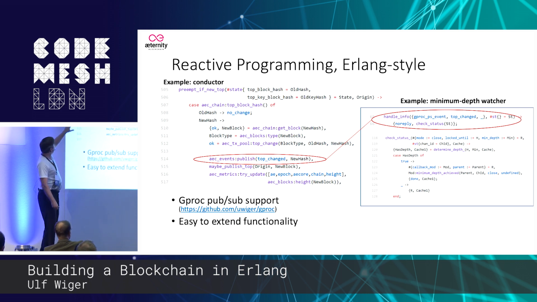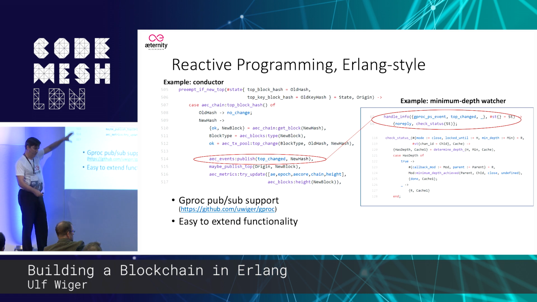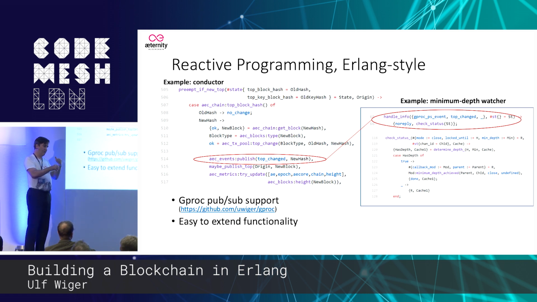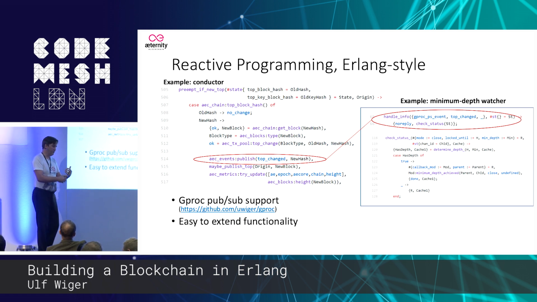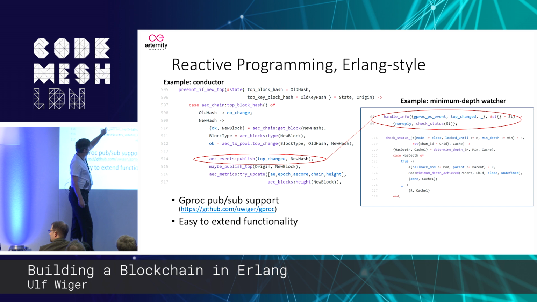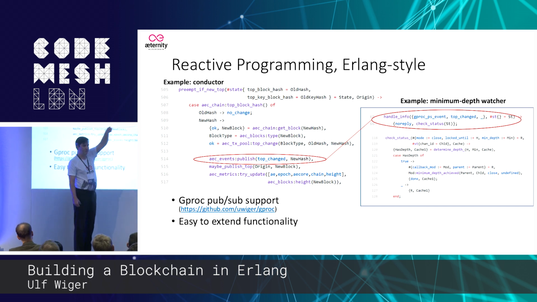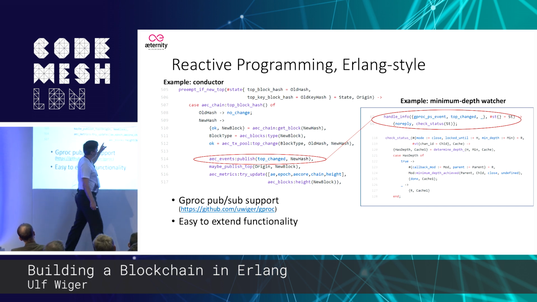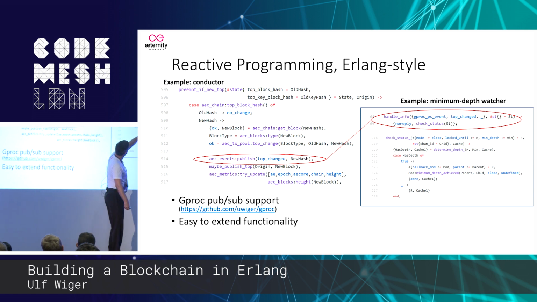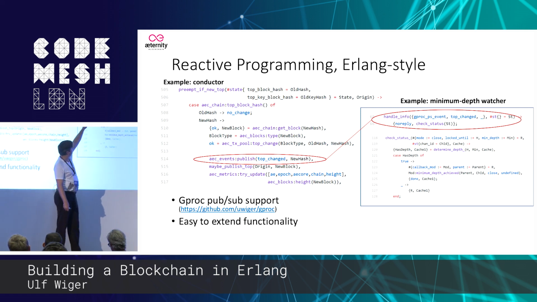So, for example, here, the conductor, which is the one that takes new block candidates and puts them on the chain or gets blocks from the network, when it sees a new block, it publishes an event saying the top of the chain has changed. So for example, the minimum depth watcher subscribes to that event.